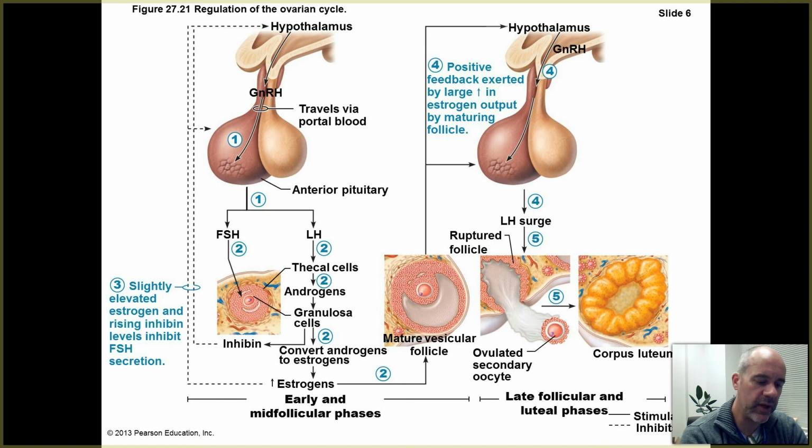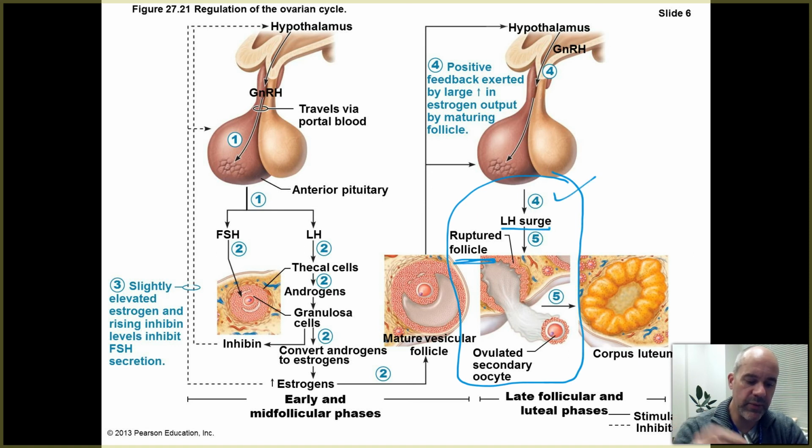And that's what we're seeing here on this part of the diagram. That LH surge, step number 4, causes the mature follicle to rupture, and ovulation occurs. There's our secondary oocyte that's popping into the uterine tube, surrounded by its zona pellucida and corona radiata.